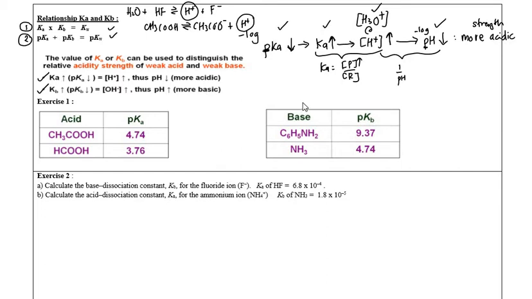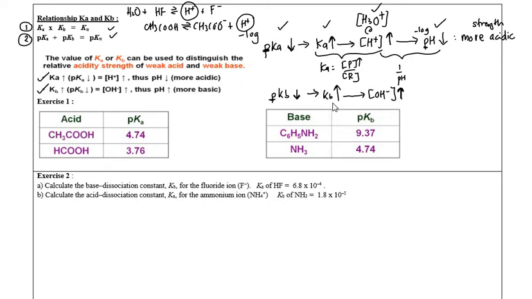Di sini kita tengok, when pKb is lower, Kb is higher. Sebab ada terms P here, negative log, hubungan dia adalah inversely proportional. Thus, concentration OH minus will increase.